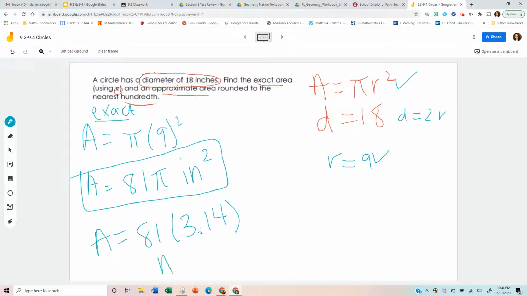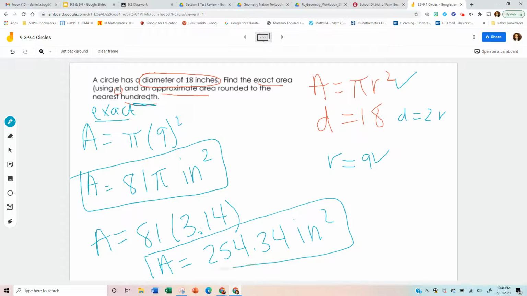And then I get area, this is what my calculator gives me, 254.34. I'm going to check, that is to the hundredth, so that is good. And this is inches squared. So I now have an exact area and I have an approximate area. So what do you think the difference is between an exact area and an approximate area? So go ahead and answer that.